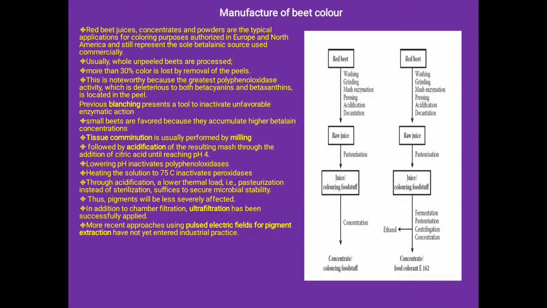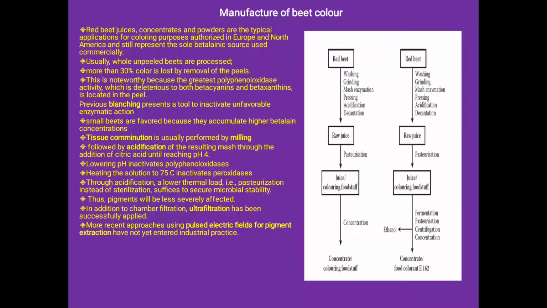Manufacturing of the beet color. Red beet juices, concentrate and powder are typical applications for coloring purposes authorized in Europe and North America. Usually whole unpeeled beets are processed. More than 30% of color is lost by the removal of the peel.